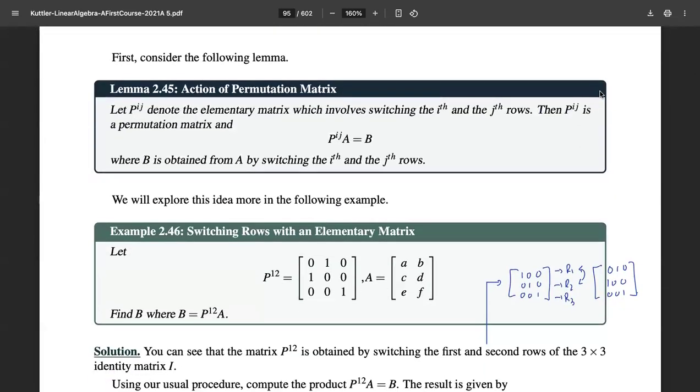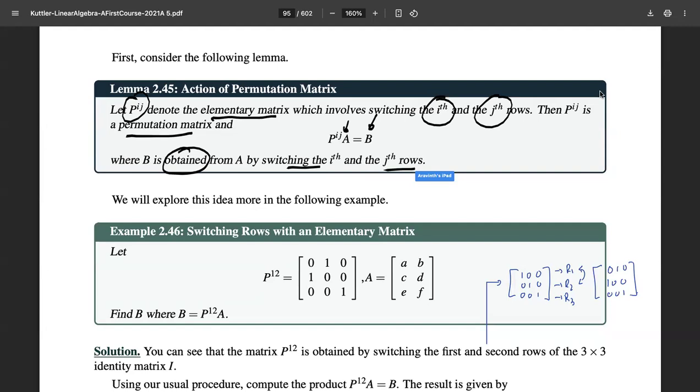That's why we are talking about permutation matrices now, so that's something you need to take note of. Let Pij denote the elementary matrix which involves swapping the ith and jth rows. Then Pij is a permutation matrix, and if we apply it to matrix A, we'll get matrix B, which is equivalently obtained from A by swapping rows i and j.